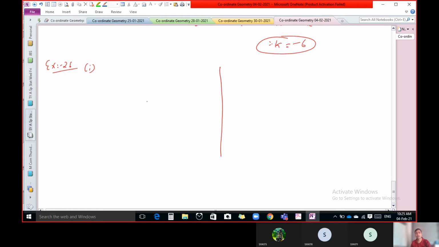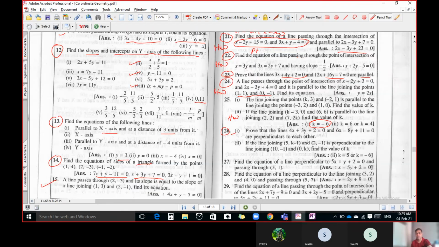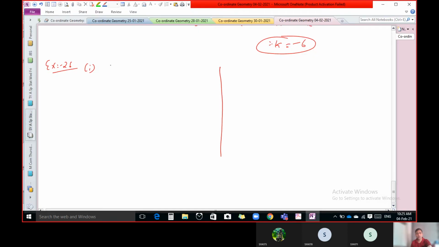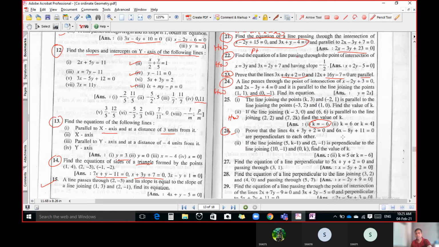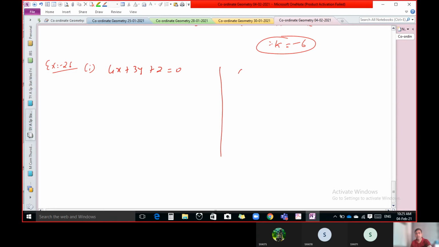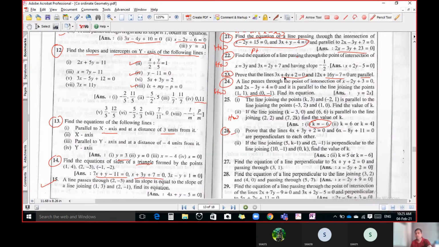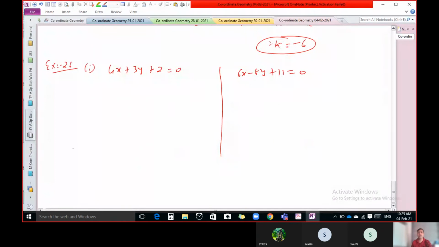Which two lines? 4x plus 3y plus 2 equal to 0, and the second line is 6x minus 8y plus 11 equal to 0. These are the two lines and now we have to prove they are perpendicular. So what we have to do? Slope. How to find the slope?